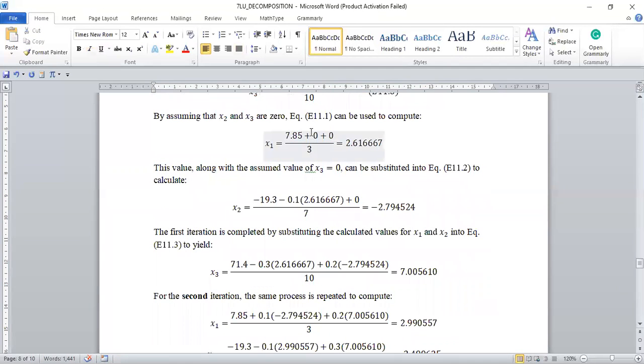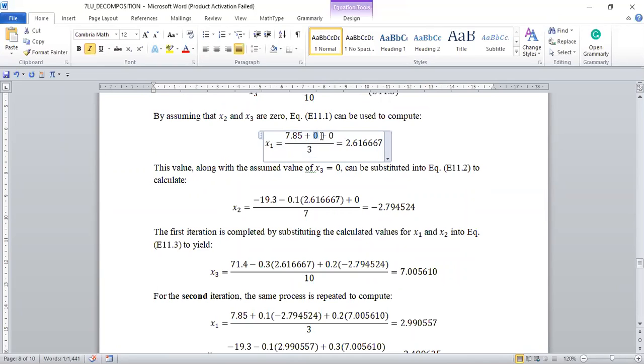But for the Jacobi's iteration method, you maintain the values of the x's you have. So we put 0 here for x2 and we put 0 here for x3. So to get x2, you're going to put in 0 here and you're going to put in 0 here. I'm talking about the Jacobi's iteration now. So to get x3, you're going to put in 0 here and 0 here.